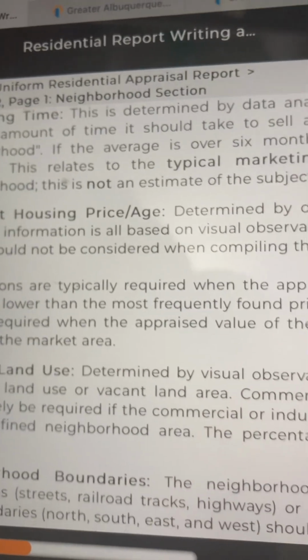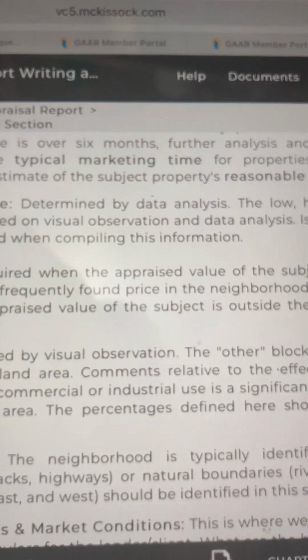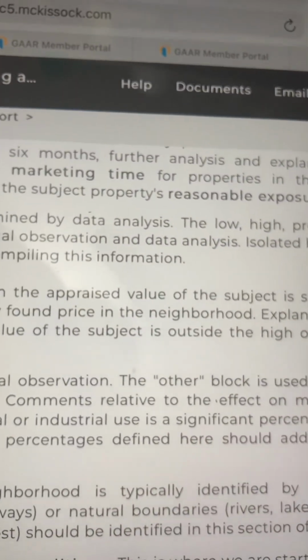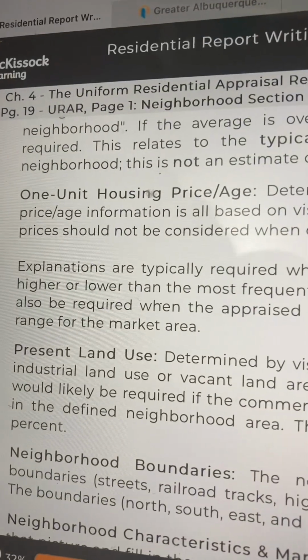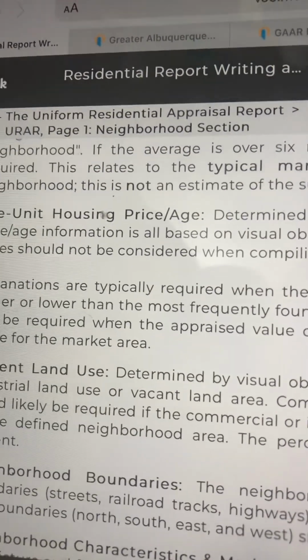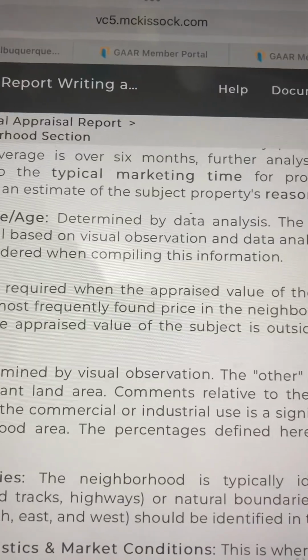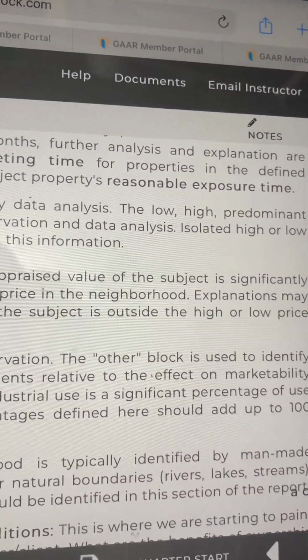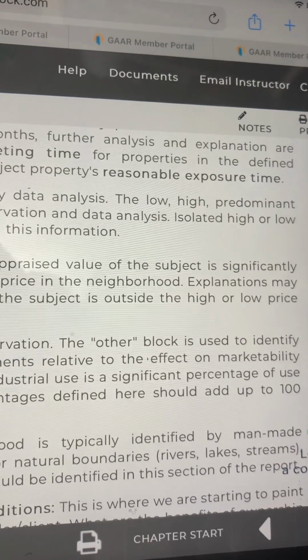This relates to the typical marketing time that's highlighted for properties in the defined neighborhood. This is not, that's highlighted, an estimate of the subject property's reasonable exposure time. That's highlighted.